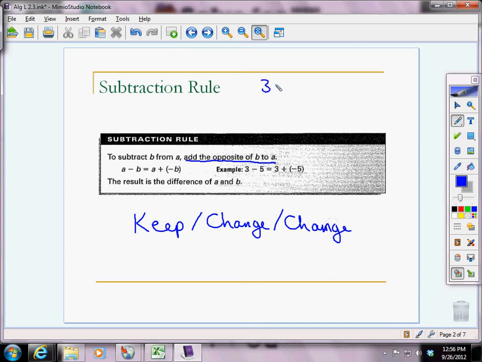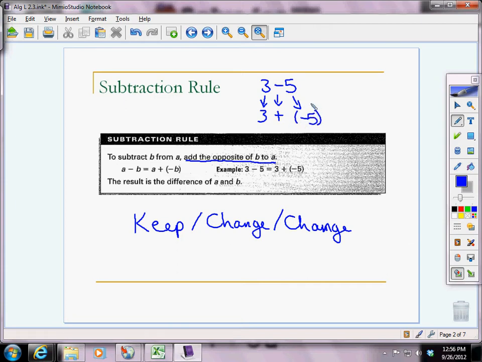The example they give here, we might look at 3 minus 5 and know that's negative 2, but we want to practice changing subtraction to addition for when we're working with variables. So you can either think of it as adding the opposite, or if you go keep, change, change, you keep the first term, 3 stays the same, you change your subtraction to addition, and you change 5 to its opposite.